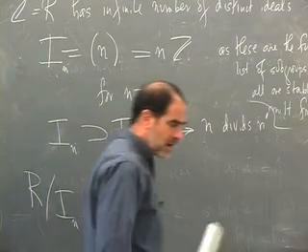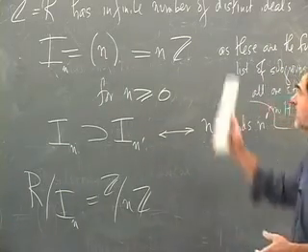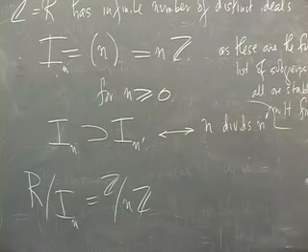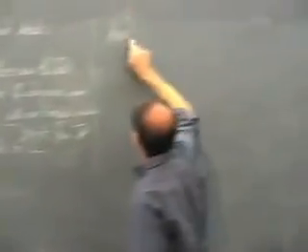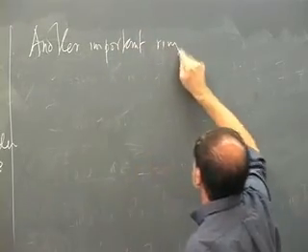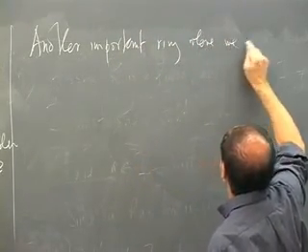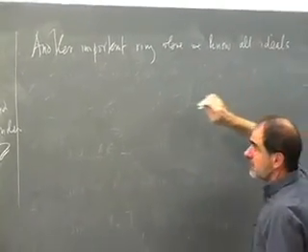Now, it's very rare that when you get a ring, you can write down all its ideals. Very rare that you get a case like this where you can write down all the ideals. But I'll give you one more ring for which we know all the ideals, where you can make a list of ideals. They're always an infinite number in these rings. So another important ring where we know all ideals is the following ring.